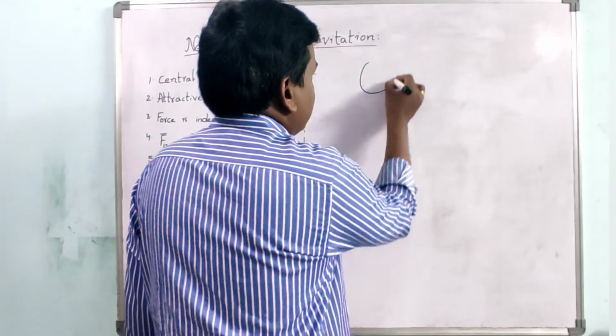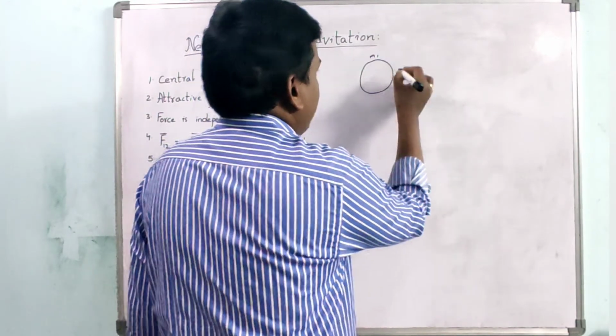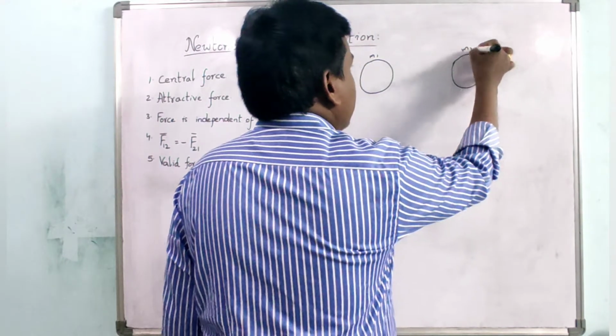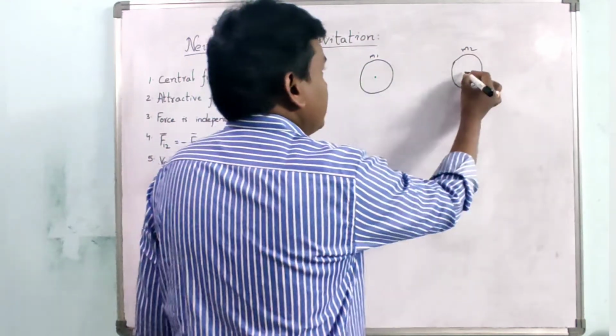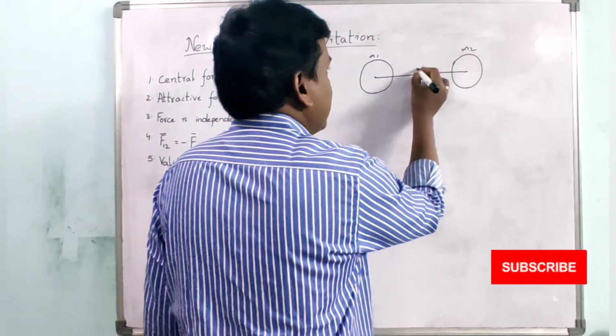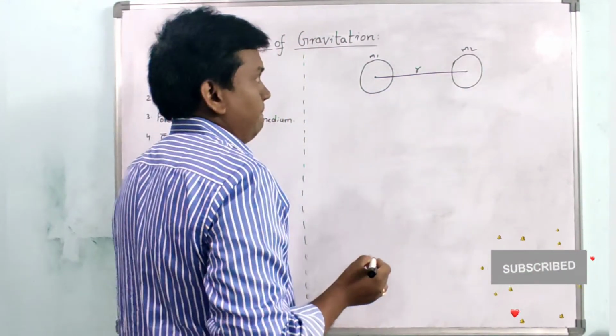So here is a mass m1 and here is another mass m2. This is the center of the mass and this is the center of the mass, and these two masses are separated by a distance r.